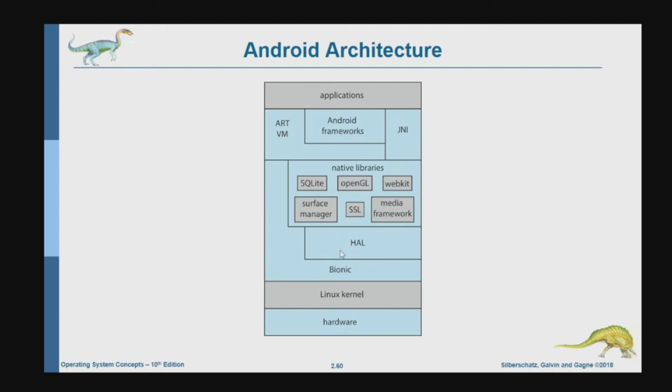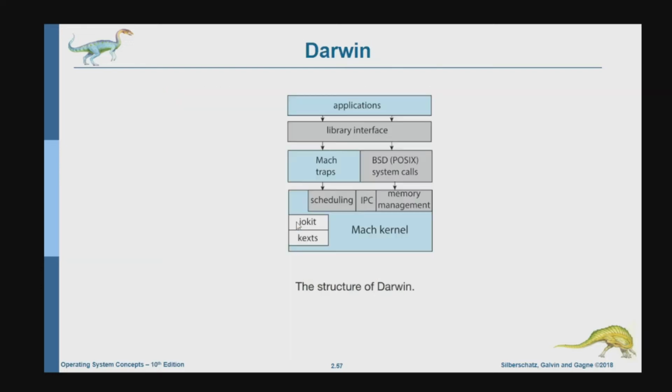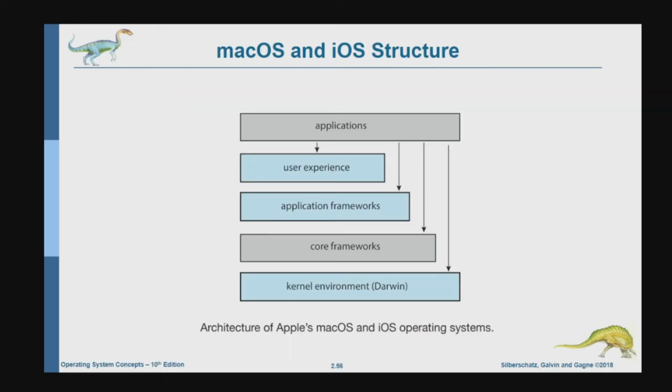Then we have the HAL here, UNIX, and the Linux kernel. At the bottom part, we still have the hardware. So this one, we have the kernel. Basically, it is quite different at this point when we compare it to iOS.